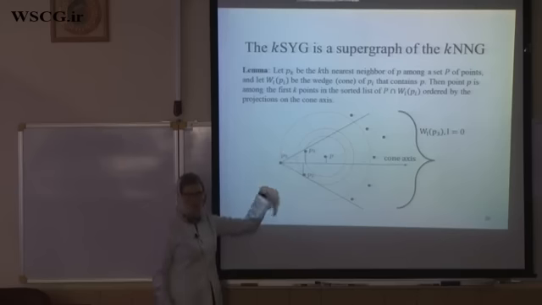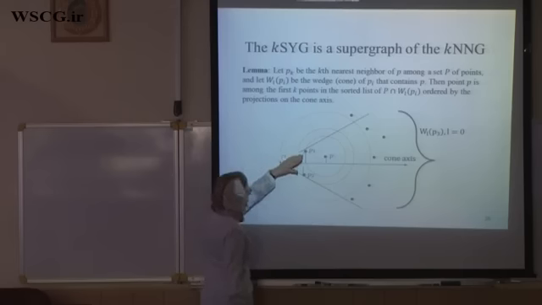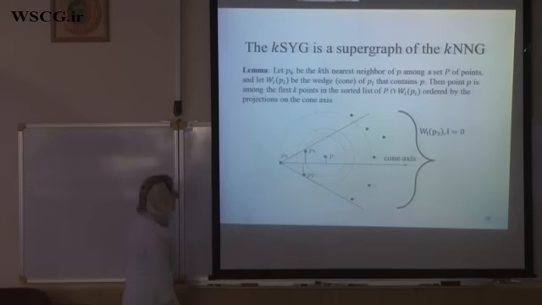Remember, we were going to index the wedges 0 through 5. So very conveniently, for drawing a picture, the wedge of P3 that contains P is wedge 0. So that's index L equals 0. This is an L, not a 1. So this is WL of P3, where L equals 0. That's what that notation means.